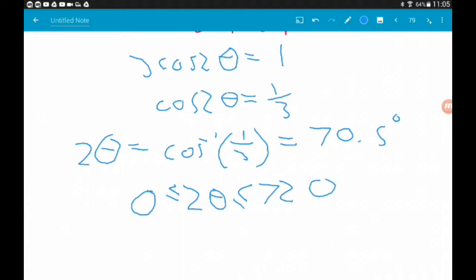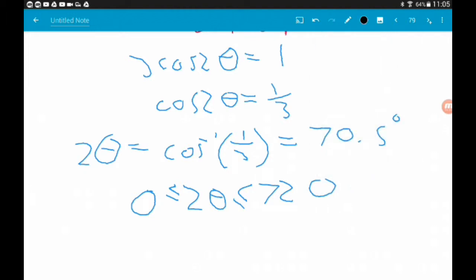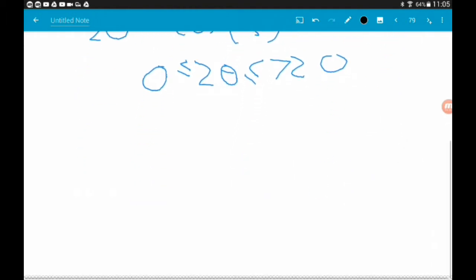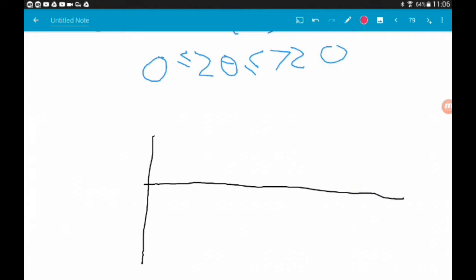So if we now sketch the graph of cos of theta, we're only going to do it between 0 and 360, not between 0 and 720, because we can use the period to our advantage.